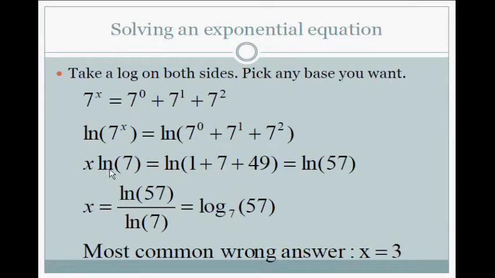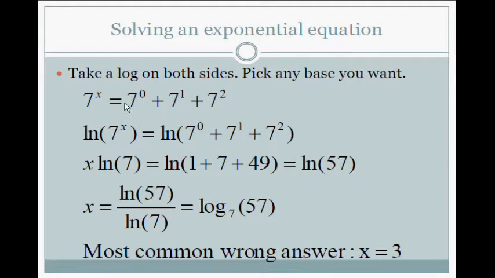So x times the natural log of 7, which is just some number, is equal to the natural log of 57. Solving for x by itself, we divide both sides by natural log of 7 and come up with our final answer of the natural log of 57 divided by the natural log of 7. Using a change of base formula, we could convert this back into the logarithm base 7 of 57.